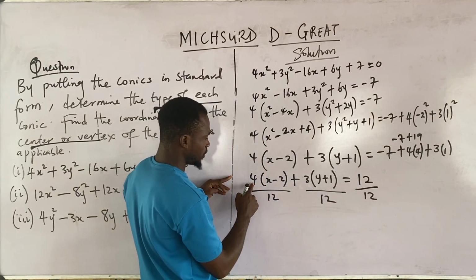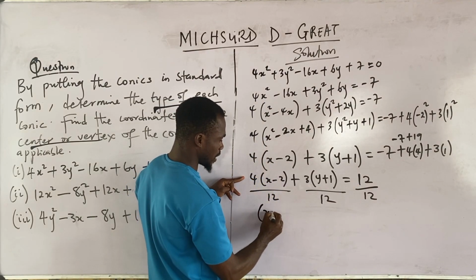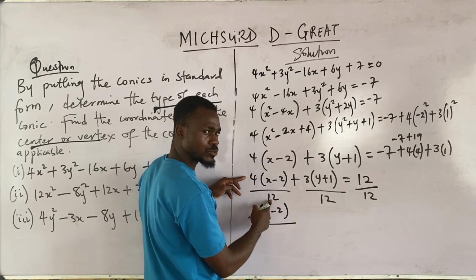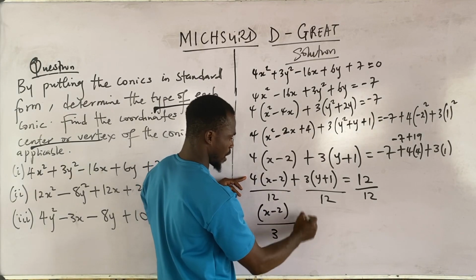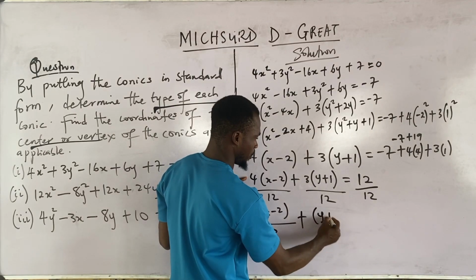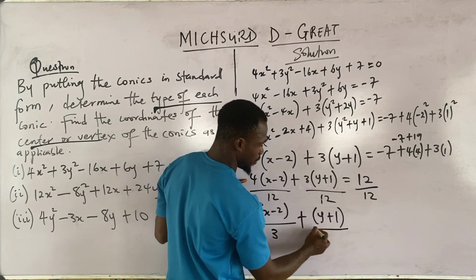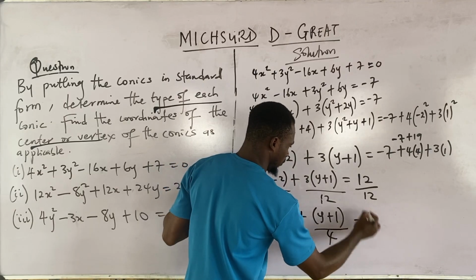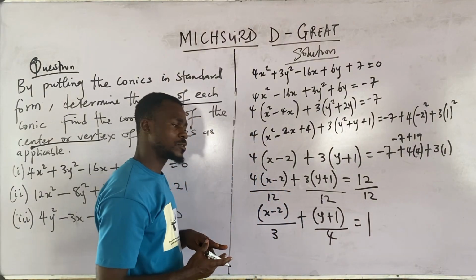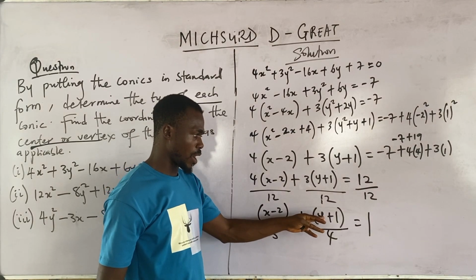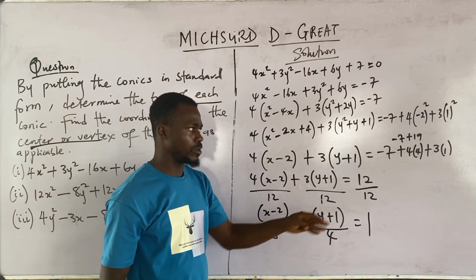Now we can write this as x minus 2 all squared, then 4 goes into 12, which is 3, plus y plus 1 all squared, and 3 goes into 12, which is 4, so we have over 4 equal to 1. So here we have x minus 2 squared over 3 plus y plus 1 squared over 4 equal to 1.